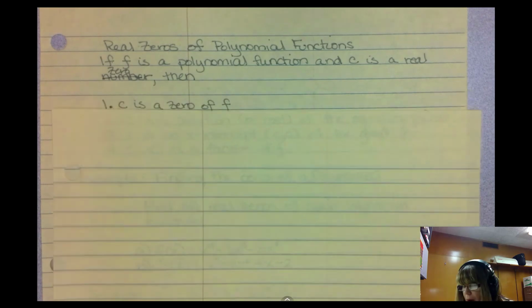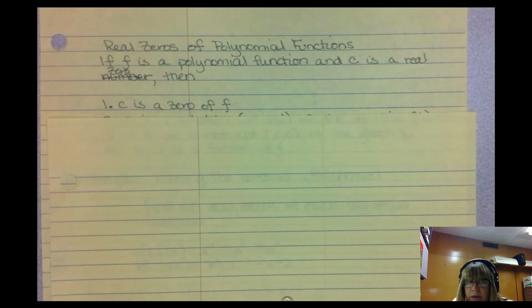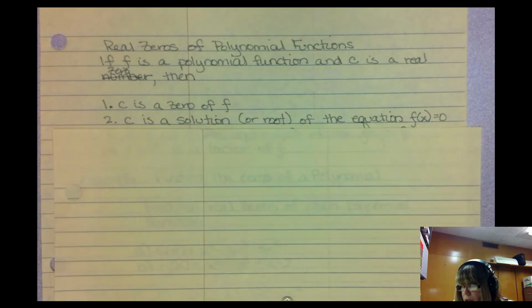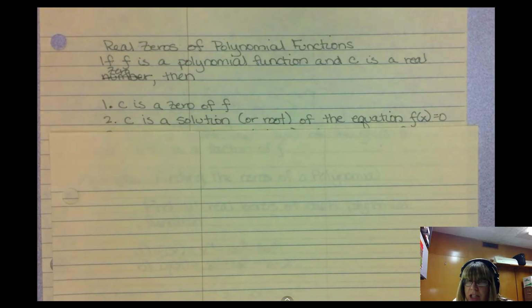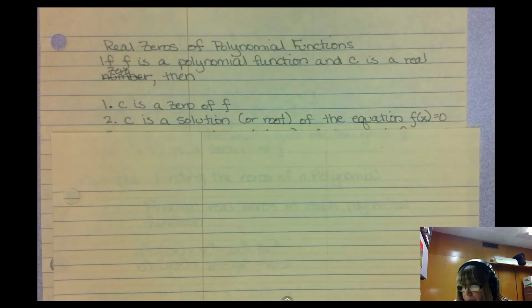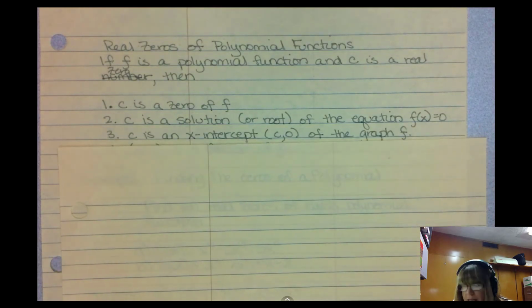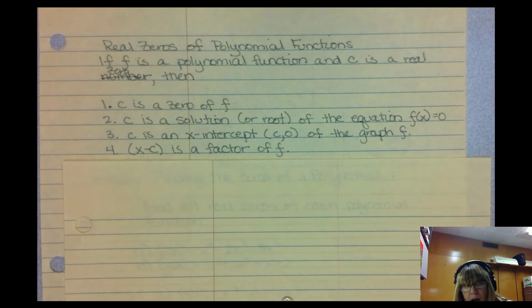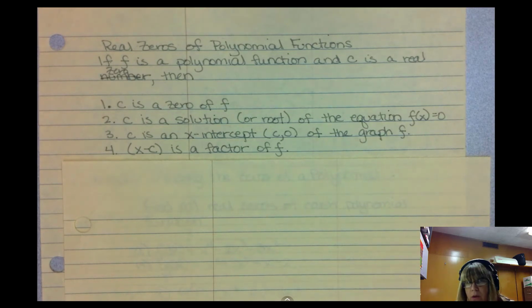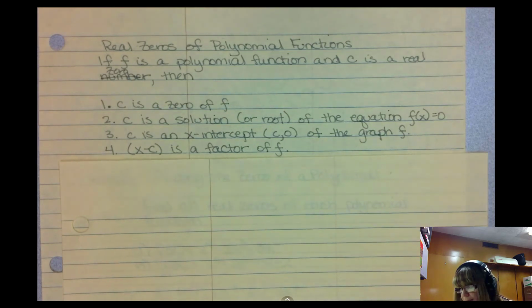Then number 1, c is a zero of f. 2, c is a root of the equation f of x equals 0. 3, c is an x-intercept, in other words, c comma 0, of the graph of f. And 4, x minus c is a factor of f. So just by knowing that c is a real zero, we know all of those 4 things.